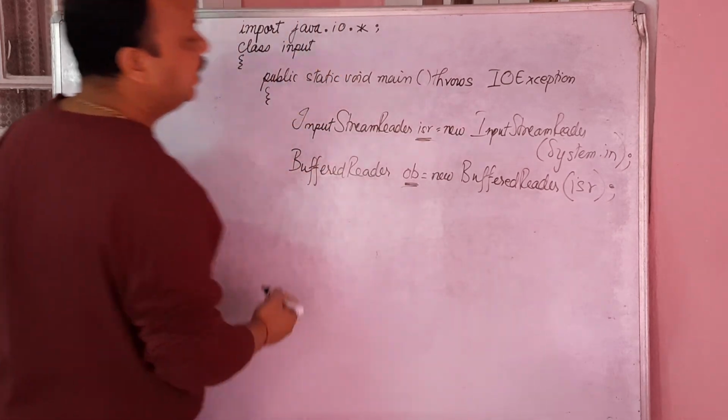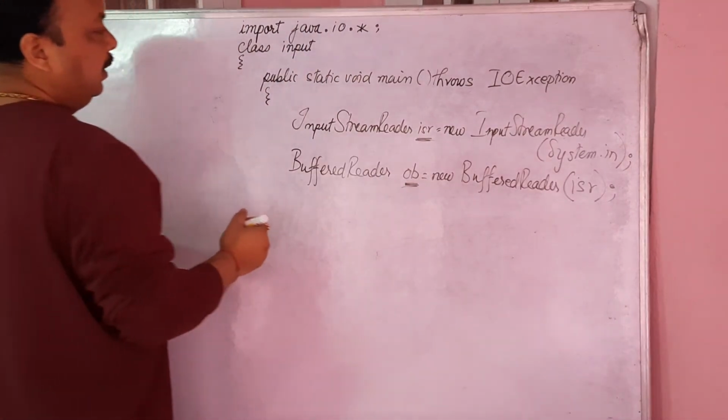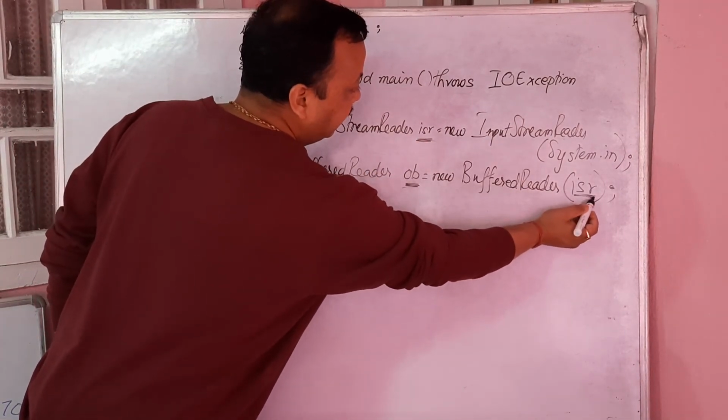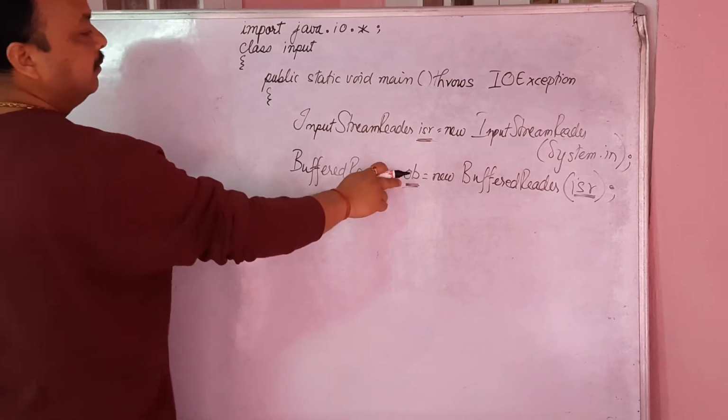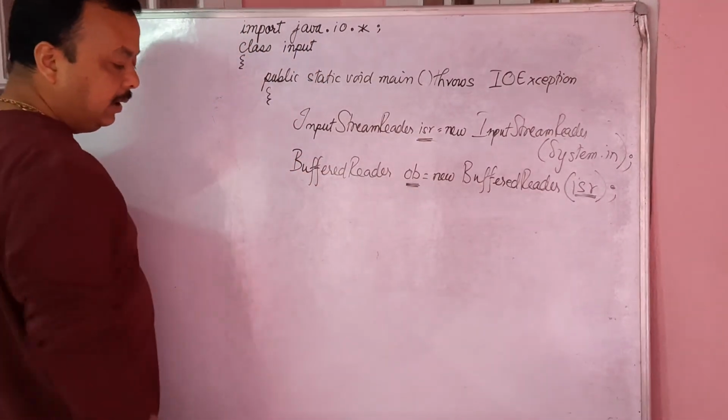So that is how we are going to perform the input. So basically the stream, this ISR, is a flow of data which is going to come to OB. So this is the flow and this is the object where the data will come.